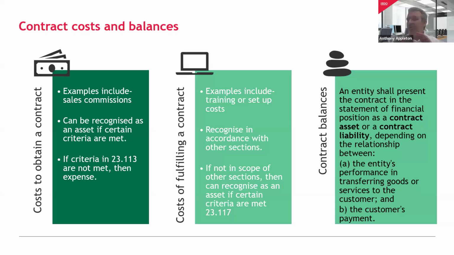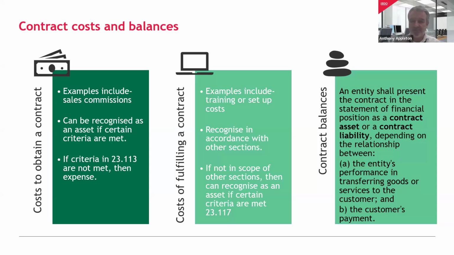So, for example, you've built part of that extension, you've agreed with them you wouldn't bill them until some particular milestone is met. So you can't yet demand payment, but you can recognize a contract asset for the work you've done.